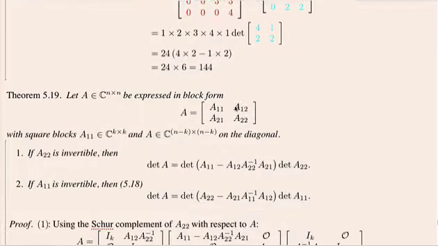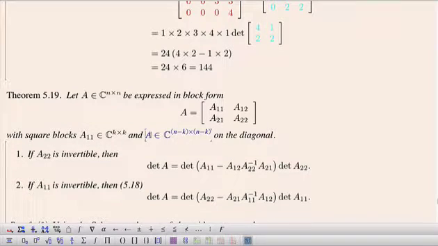Theorem 5.19: if A is an n by n complex matrix that can be expressed in block form, A11, A12, A21, A22, we don't assume anything about upper or lower block triangular. The A11 and A22 should be the diagonal blocks.